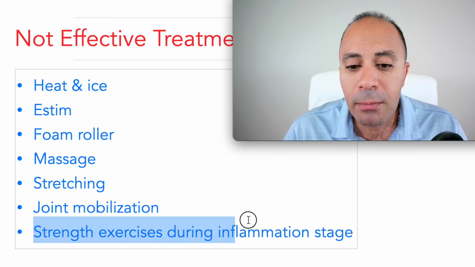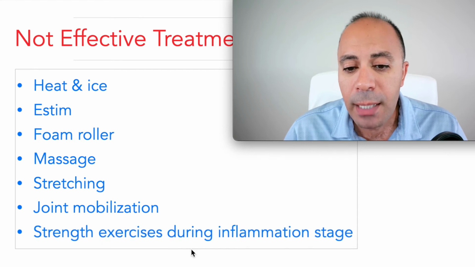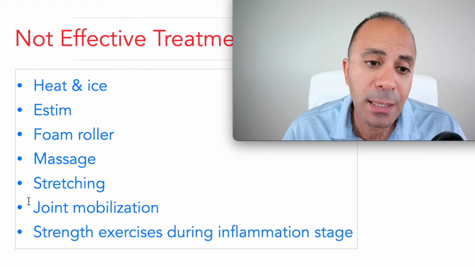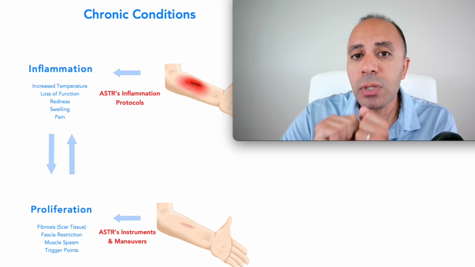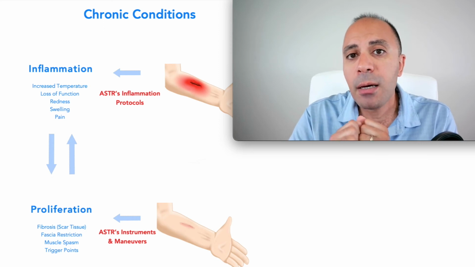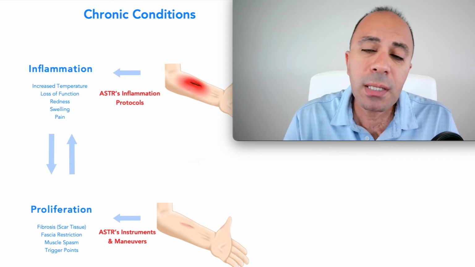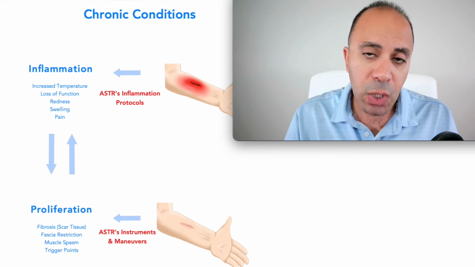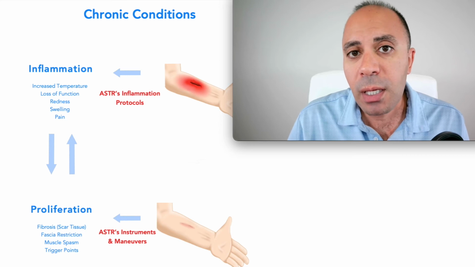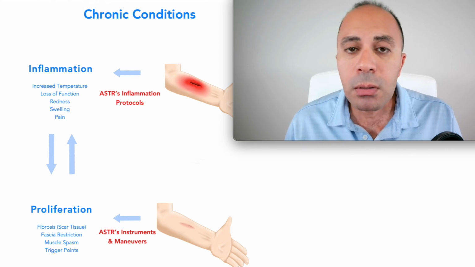Lastly, the other thing that's commonly used is strengthening exercises during the inflammation state. That's a problem. When you have inflamed tissue, or a torn or micro tear in the muscle, tendon, or ligament, and you keep doing strength exercises, that could cause more inflammation. We need to introduce strength exercises, but at the right time.